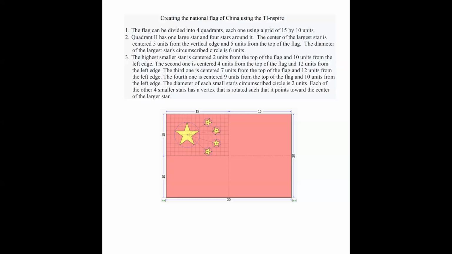Then we have 4 stars around it, and their centers are also very specified by the flag design. One interesting thing about the small stars is that each one has a vertex and a line of symmetry that points directly to the center of the large star. So there's some interesting math involved that we'll get into as to how you have the stars arranged so that they'll do that.